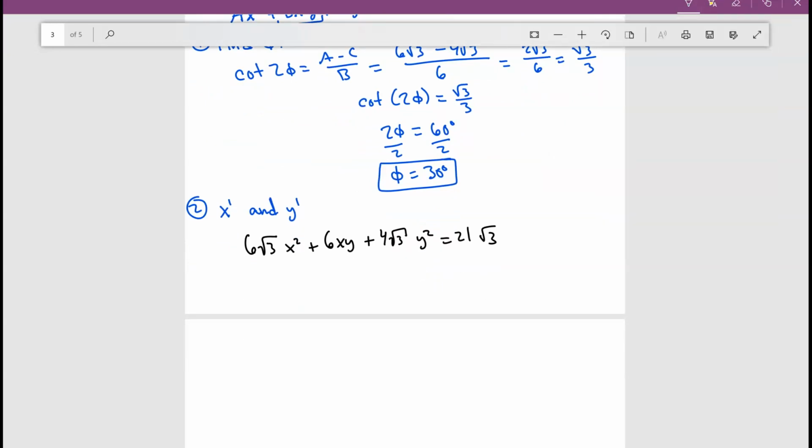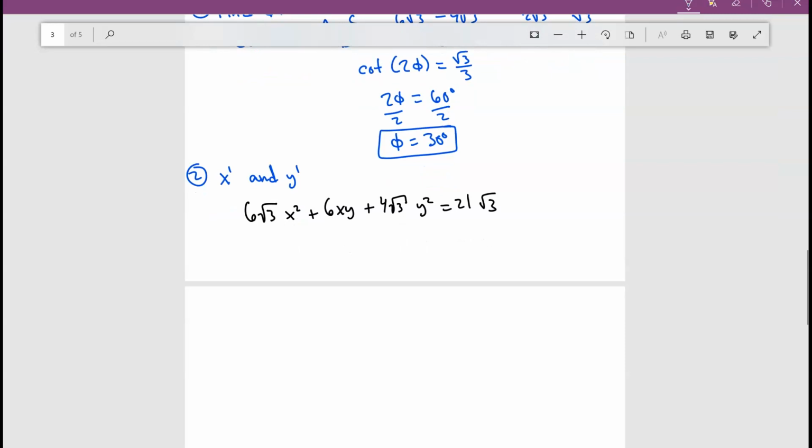Now we know that x is equal to x prime cosine phi minus y prime sine phi. We just figured out what phi is, so we have x prime cosine of 30 degrees minus y prime sine of 30 degrees.